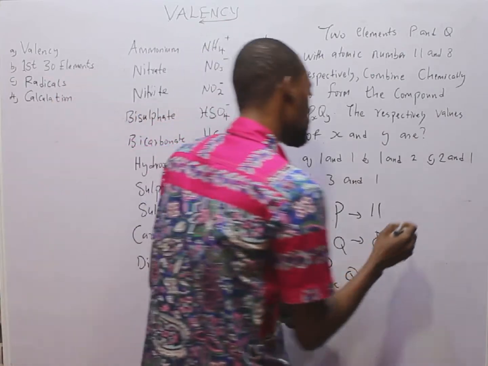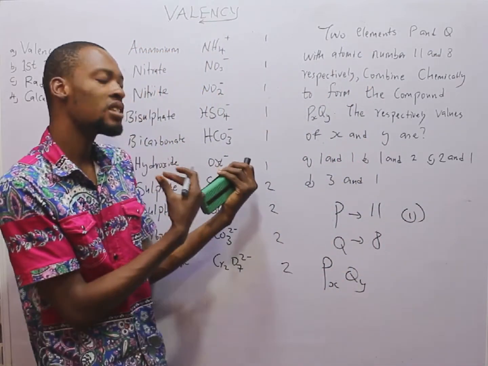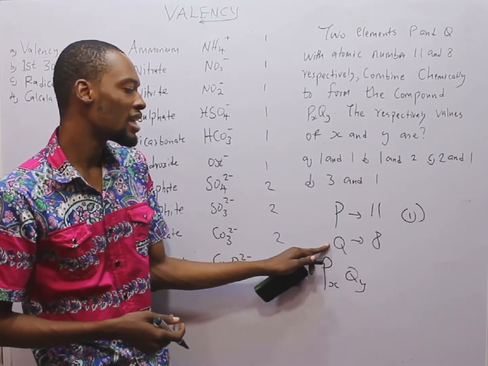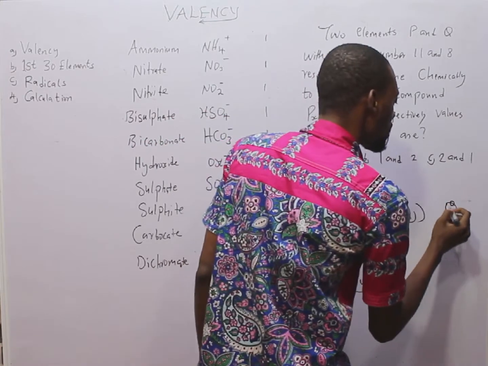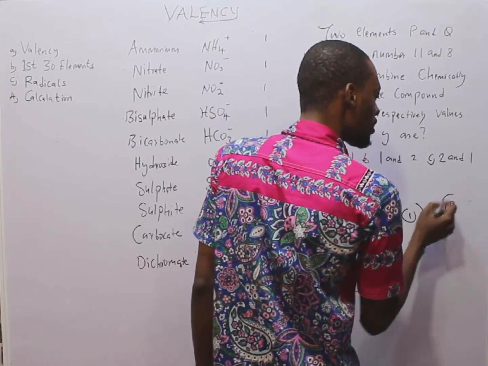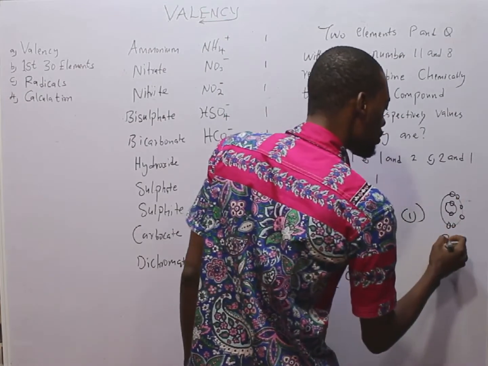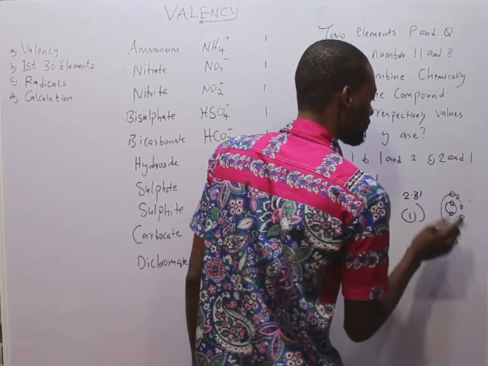So the valency of sodium is 1. Or like I explained in the valency of the first 30 elements. This is Q. Element Q has atomic number of 8, which means the first shell is filled. The second shell will have 6 electrons in the outermost shell, which is 2, 6. This one is 2, 8, 1.